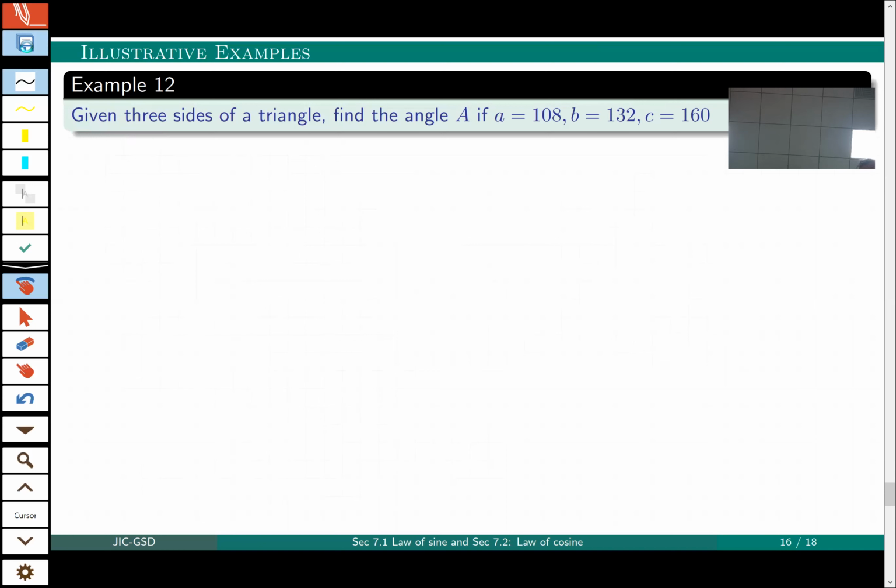Now, find the angle A. So if we say find the angle A, given the sides, this is A, opposite of A is 108. This is B, opposite of B is 132. This is C, opposite of C is 160.